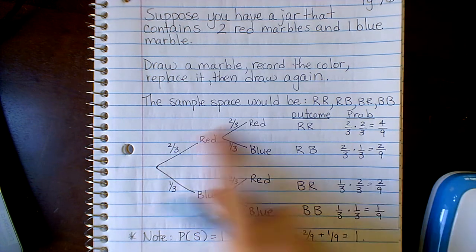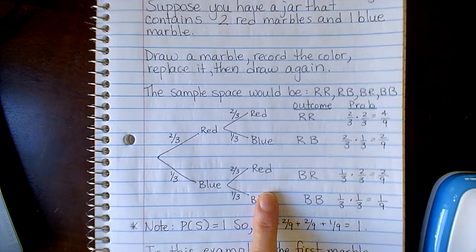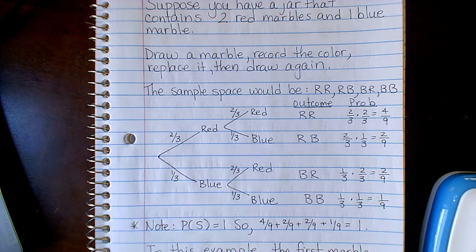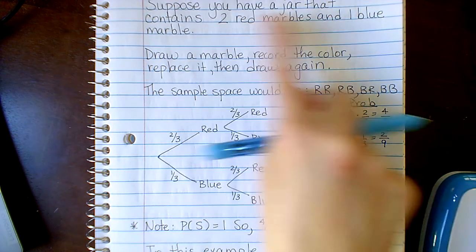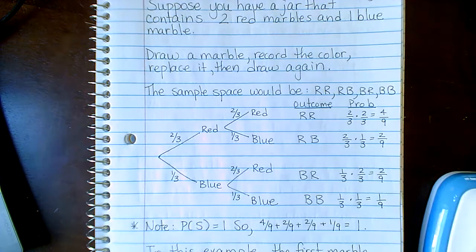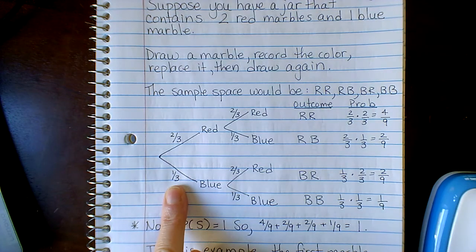So here's my tree diagram, and I put the probabilities on here. So where did I get a probability of 2/3? Well, it's because there are 2 red marbles out of a total of 3 marbles. There's 1 blue marble out of a total of 3 marbles.